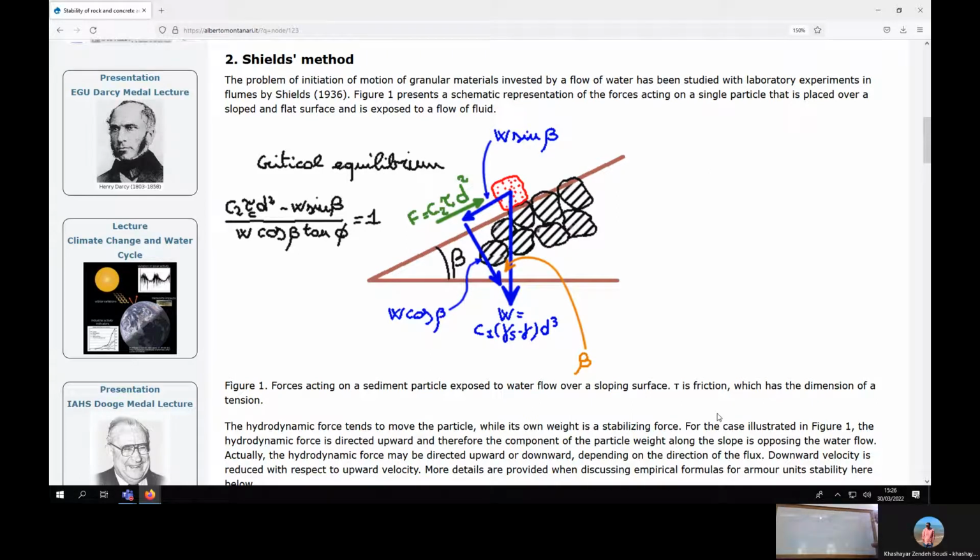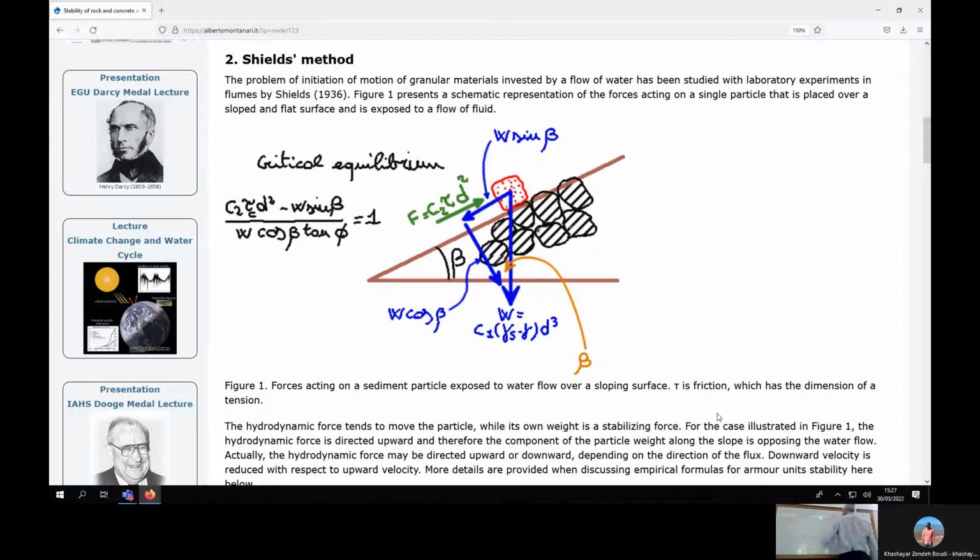Now we have to make a balance of these two components, and then we can say that F minus, and here I put a minus because it's there and up, F minus W sin beta is equal to what?